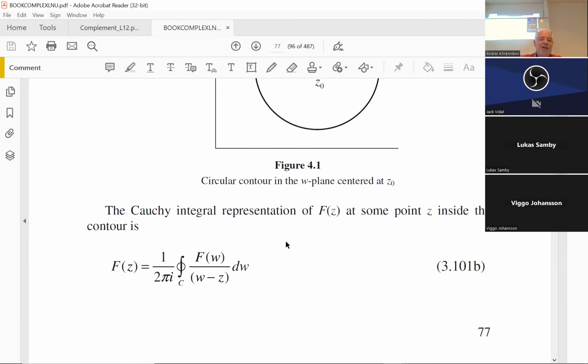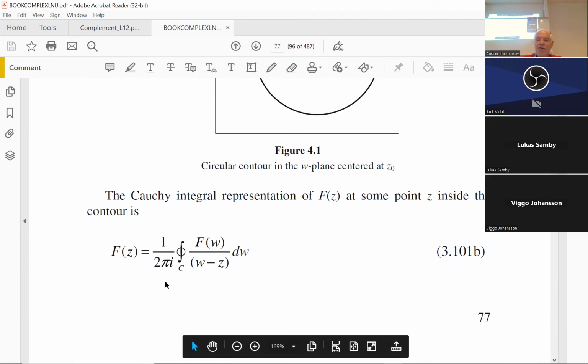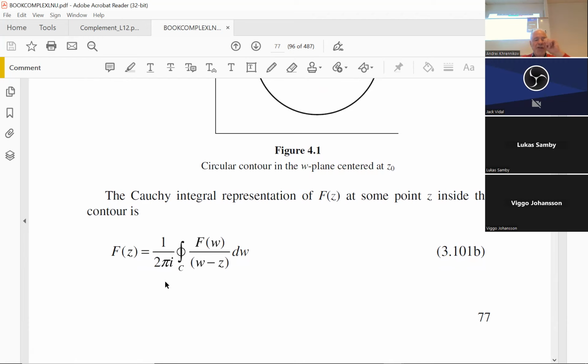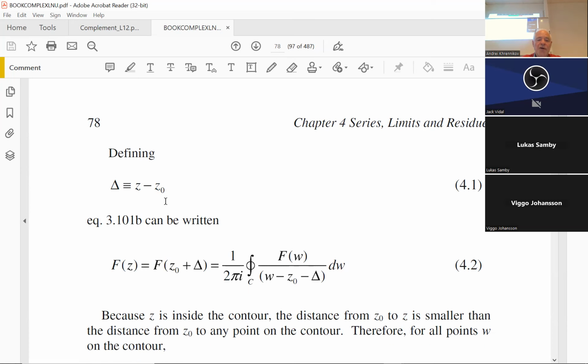We get this integral, which we can represent in this way. It was not good that before it was f small, now it is f large, but okay. There is this difference, the distance from our point z to the center of the circle.